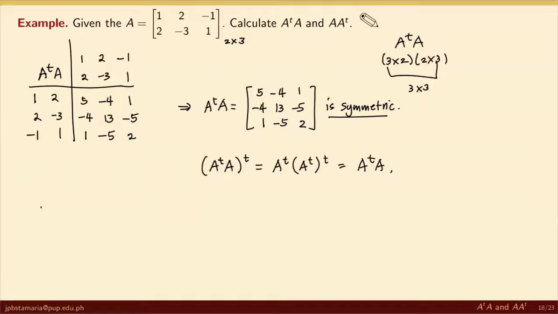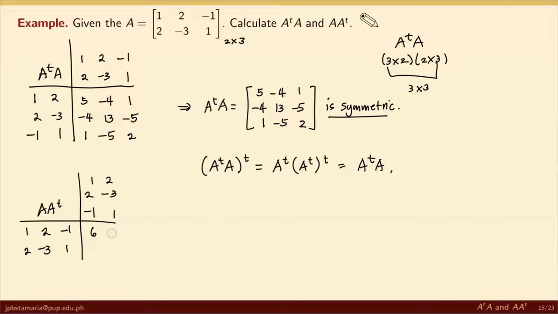Now, let's do AA transpose. This time si A naman ay naririto. Nandito naman yung A transpose. Okay, let's do the dot product. First row, first column, it's 1 plus 4 plus 1, it's 6. First row, second column, 2 minus 3 minus 1, negative 2? Is that negative 2? Tama ba? 2 minus 3.